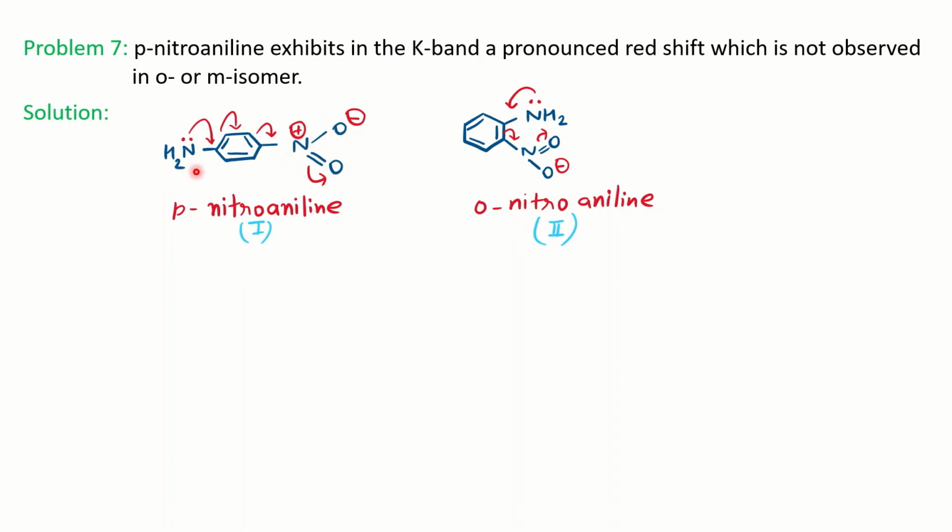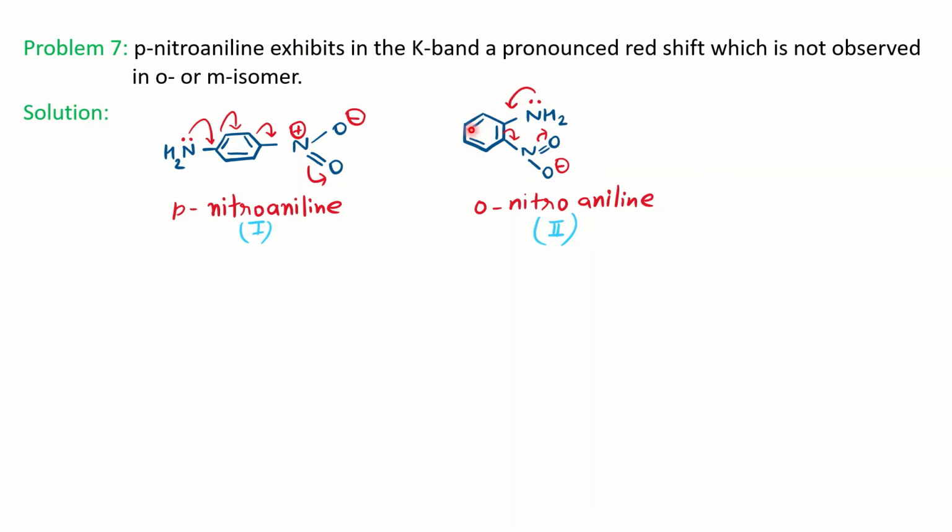If you have such a system where complementary groups are present at the para position, you can notice there is an extension of conjugation. Because of this extension of conjugation, there is a pronounced red shift or bathochromic shift, meaning a higher lambda max value as compared to ortho-nitroaniline. In ortho-nitroaniline, the extension of conjugation is not present.